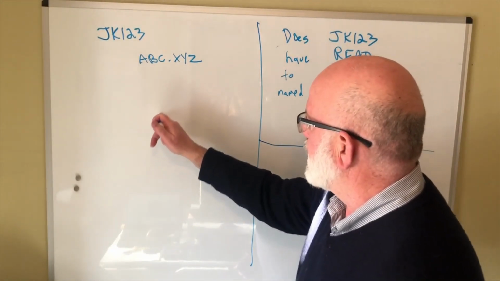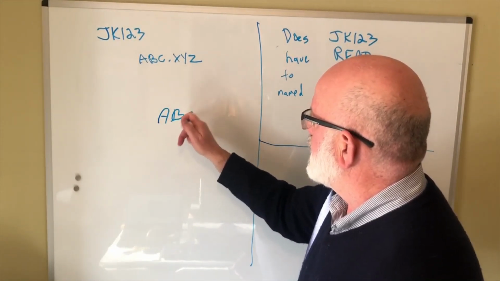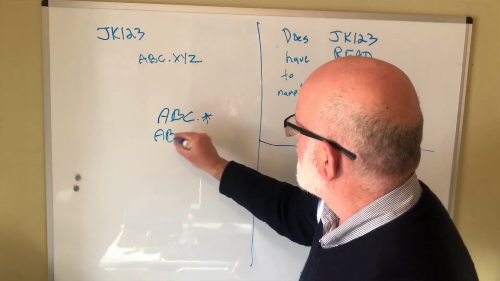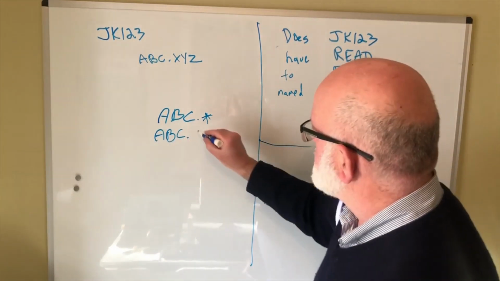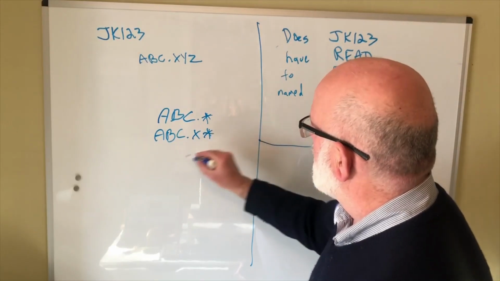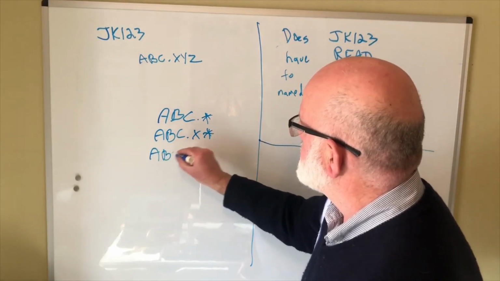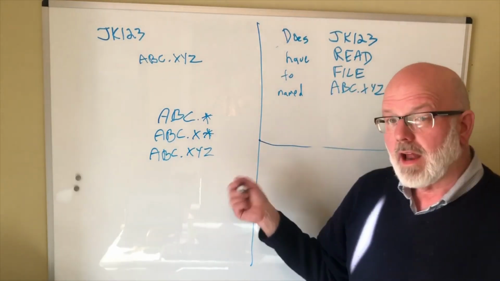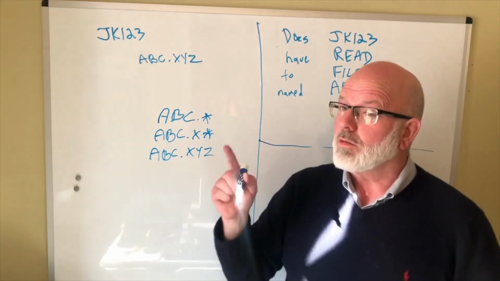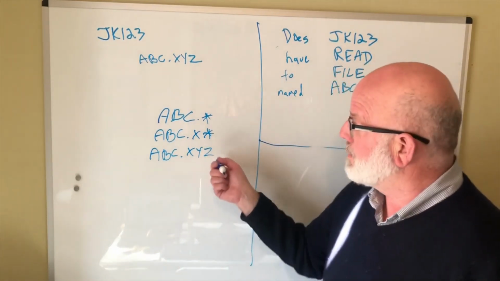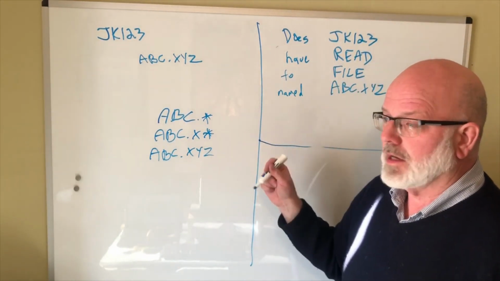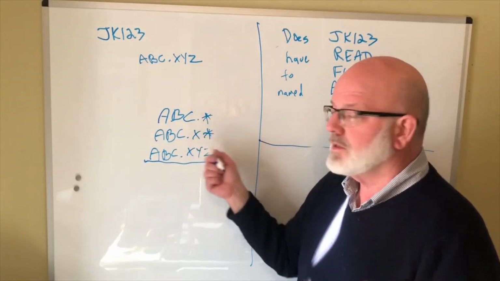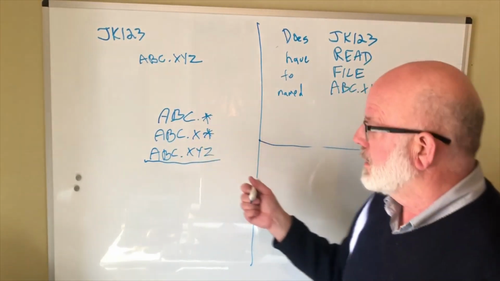There could be, let's say, abc.*, there might be an abc.x*, or there might even be a profile called abc.xyz, an exact match. Well, RACF will look at these and choose the one that has the best match. And in this case, this one has the best match because it has the fewest number of wildcards.